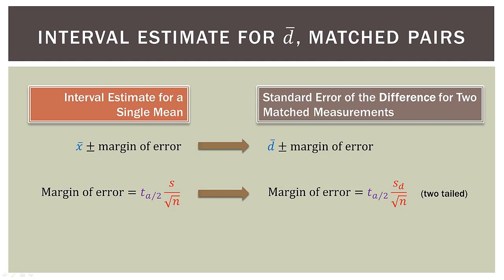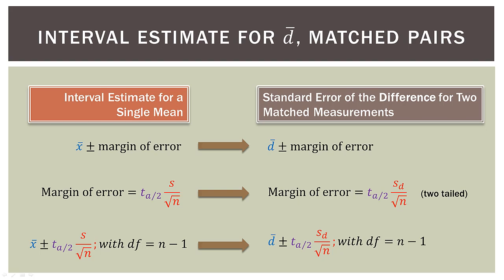Now what about the actual margin of error component? In the single mean case, we have t sub alpha over 2, which is our critical value, times the standard error there in the red. Now on the matched measurement side, same thing: our critical t times our standard error. It's important to point out that we're using alpha over 2 with our t, so that means it's two-tailed in this case.